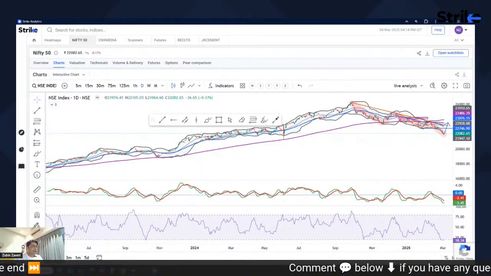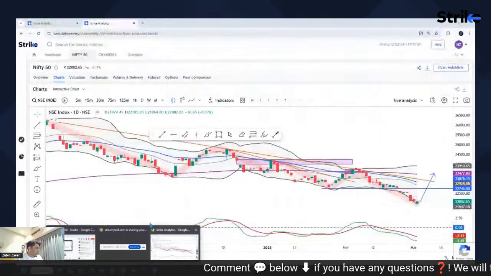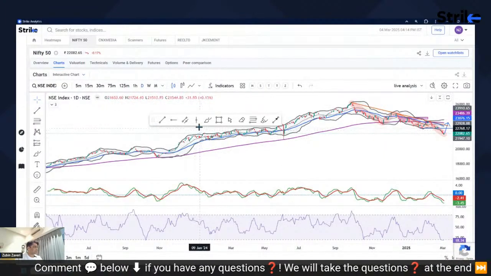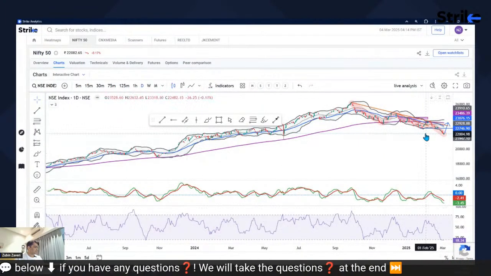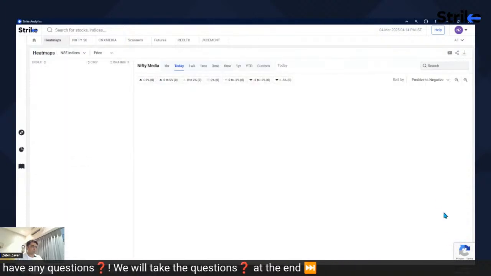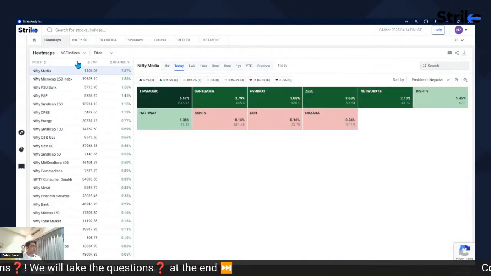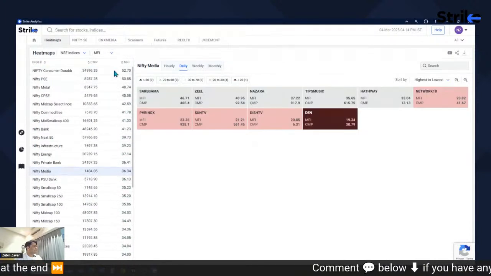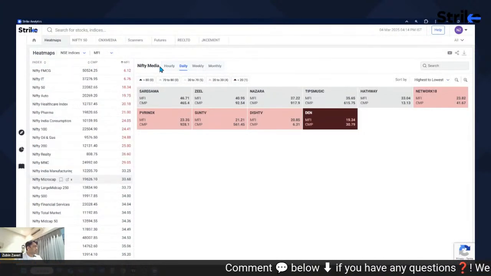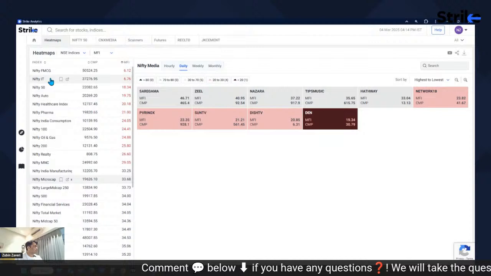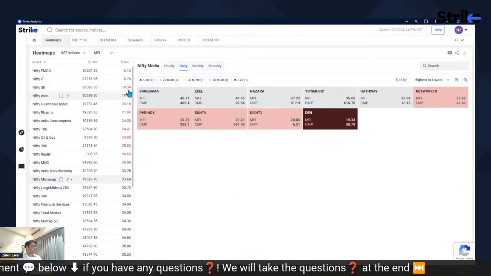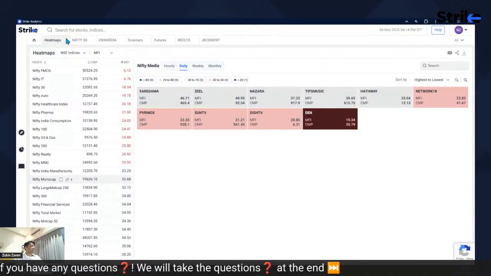All right, and over here, when we go back to heat maps, it's the same indicator over here, MFI. So in MFI, you can see on the daily time frame chart, FMCG, IT, and Nifty 50. We just saw Nifty 50 MFI reading is 18.